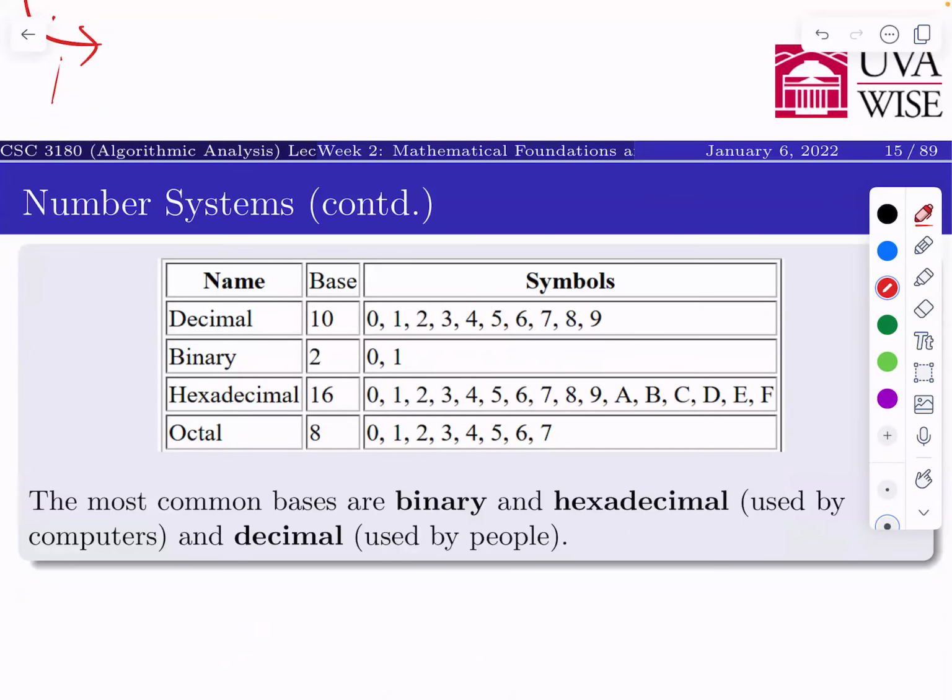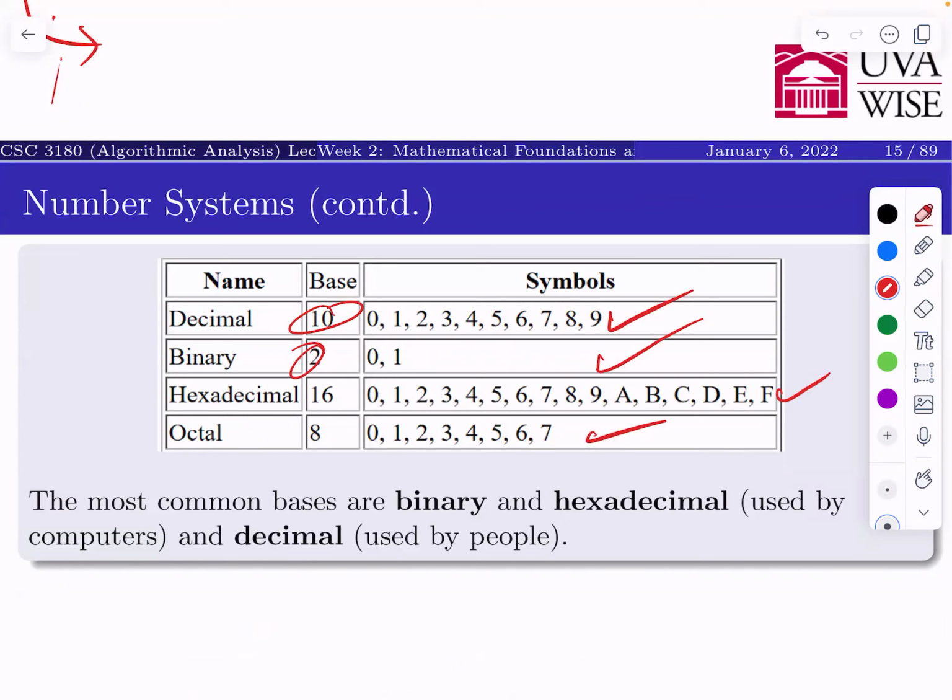As you can see, decimal is base 10, made up of the digits 0 to 9. Base 2 is made up of 2 digits. Base 16 is made up of the digits 0 to F. And base 8 is made up of 8 digits from 0 to 7.